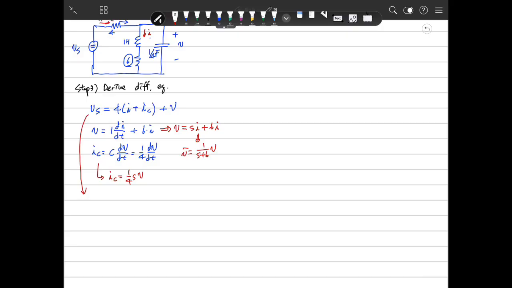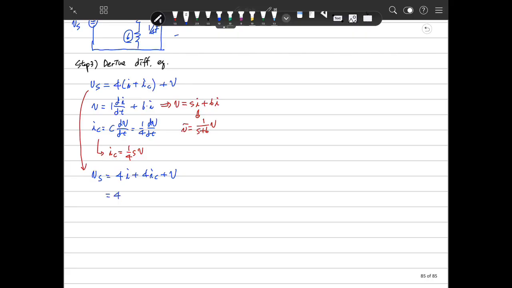We rewrite here Vs equal to 4I plus 4IC plus V. Instead of I we use 1/(s plus 6) V, plus IC, which is 1/4 sV, plus V.